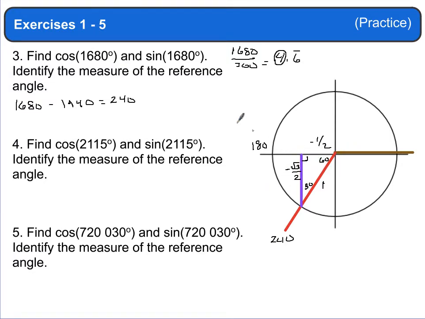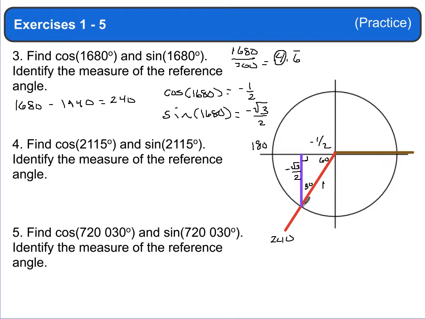And so now that we know that, we can identify the cosine of 1680 as negative 1/2, and we can state the sine of 1680 as the negative square roots of 3 over 2.